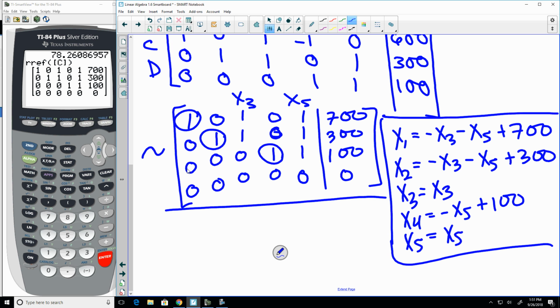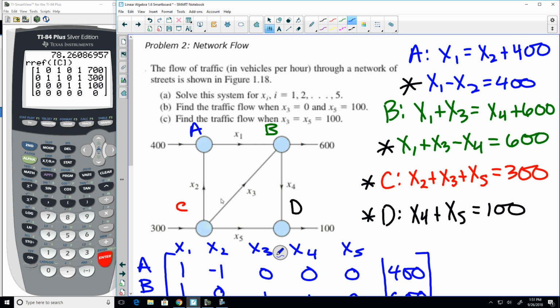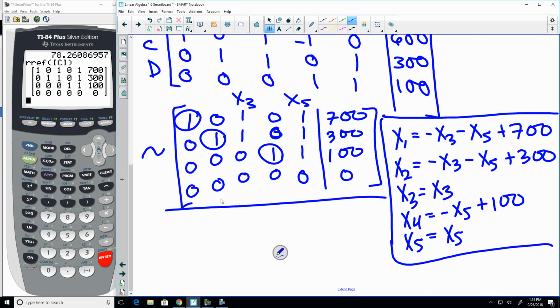I'll let everybody catch up if you haven't caught up yet. Okay, it says find the traffic flow when X3 is 0 and X5 is 100. So this was the A part.